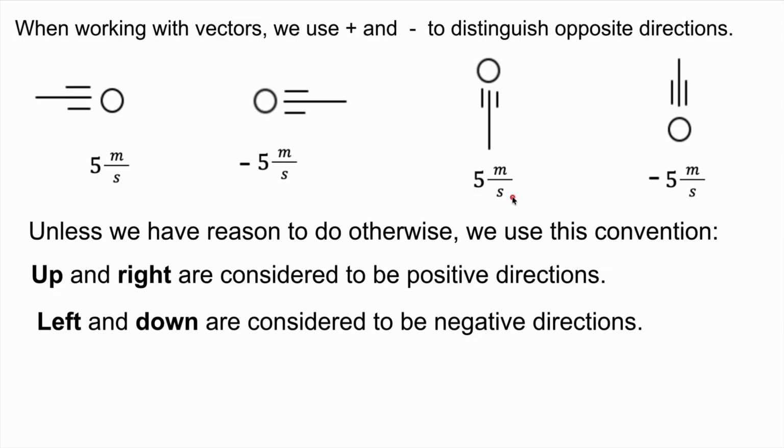And why do we use this? Who decided that up should be positive and left should be negative? Well, we just use it from the Cartesian graphs that you're used to. If you think about the graphs you draw in math class, up is positive, right is positive, down is negative, left is negative. And that's the only reason we do it that way. But it is useful, okay?